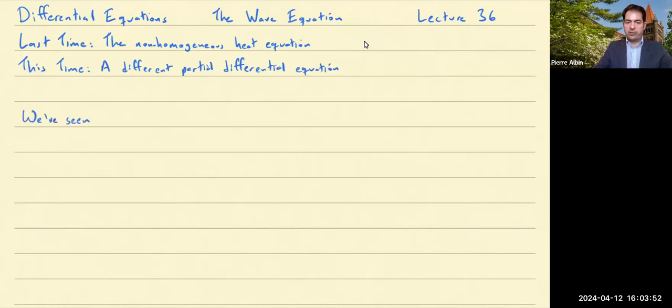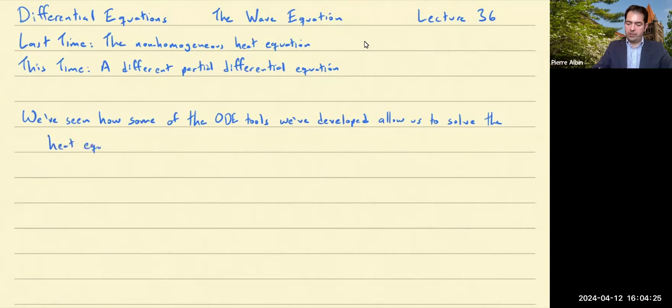So, the last couple lectures, we've seen how some of the ordinary differential equation tools we've developed allow us to solve the heat equation.